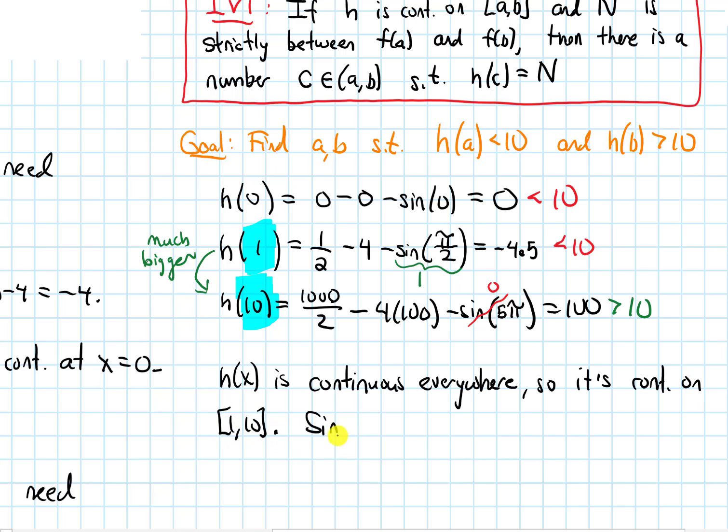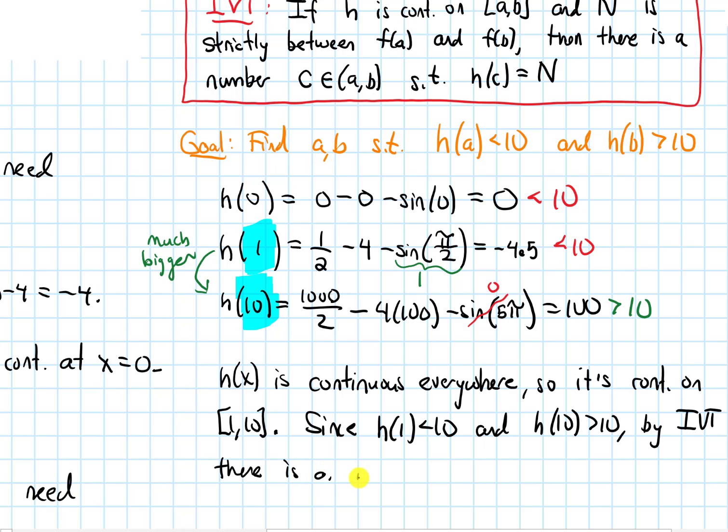And since h of 1 is less than 10, and when I plug in 10, h of 10 is greater than 10, by IVT, the Intermediate Value Theorem, there is a number c in the open interval from 1 to 10 such that h of c will be equal to 10.